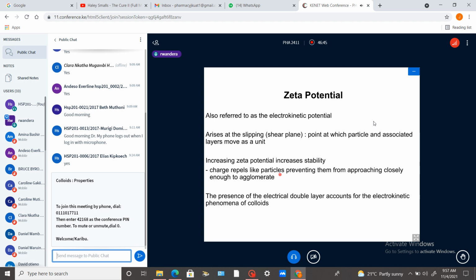So the zeta potential is also responsible for the stability of colloidal dispersions that we'll look at in our next class. So as I've already said, this is the electrical double layer, or rather the zeta potential, that accounts for the electrokinetic phenomena of colloids, or the electrical properties of colloidal dispersions.